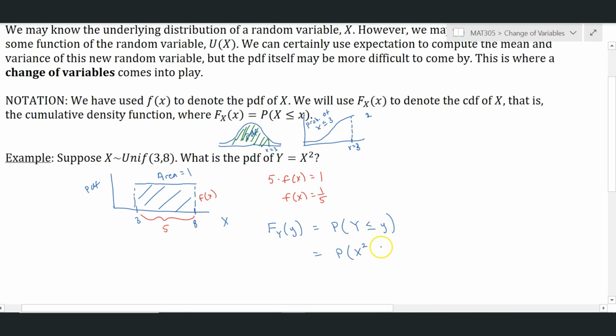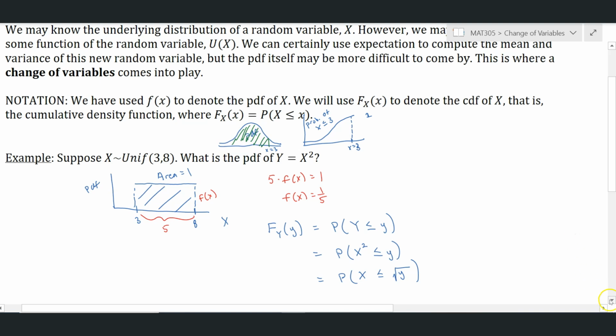So we can substitute in x squared for capital Y, and that would be, in terms of the random variable that we started with, if I take the square root, and I'm not going to do plus or minus because I know that x is only defined within the window 3 to 8, so I'll just write the positive square root of y, like that.